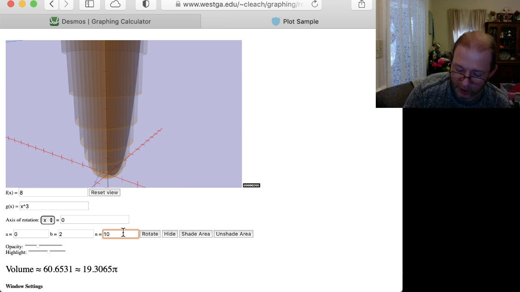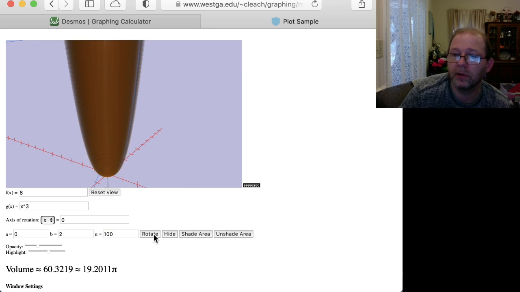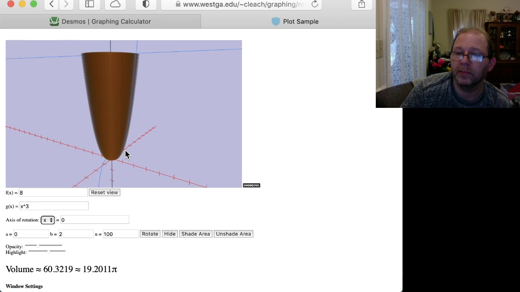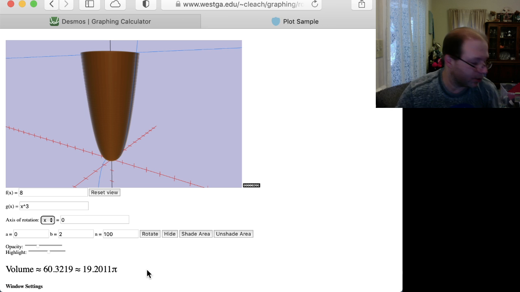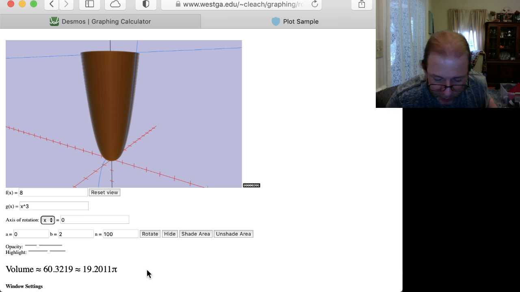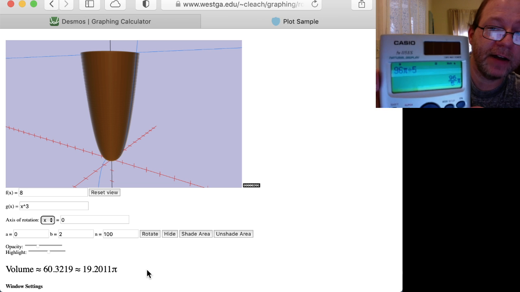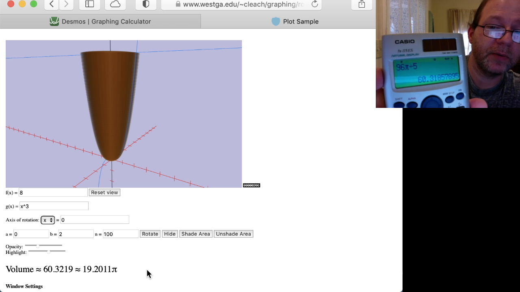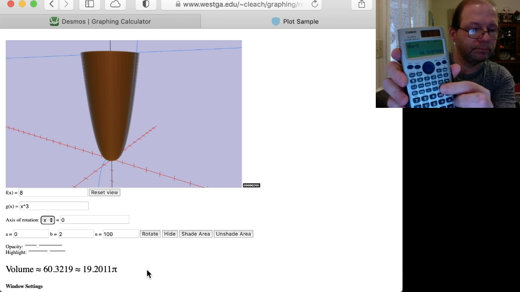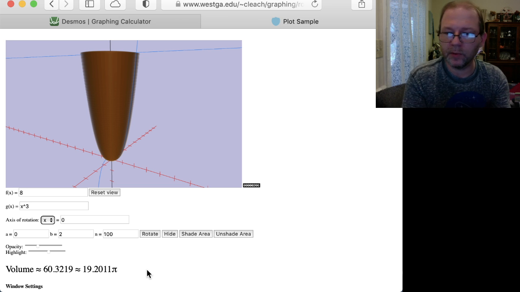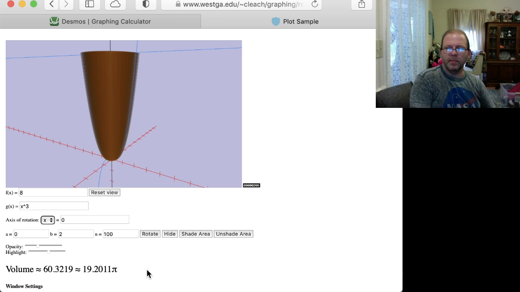And if I turn this up to more rectangles, then yeah, it looks about right. Let's see, how does this compare? 60.329. Well, the answer we got was 96 pi over 5. When I put that in my calculator, I get 60.3185. So 60.3185 versus 60.329.